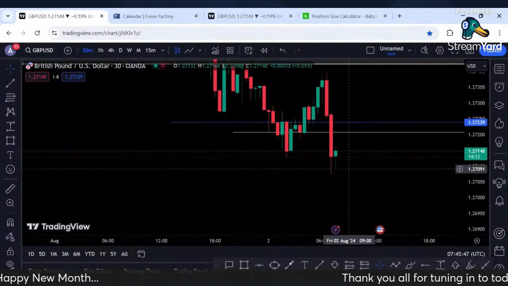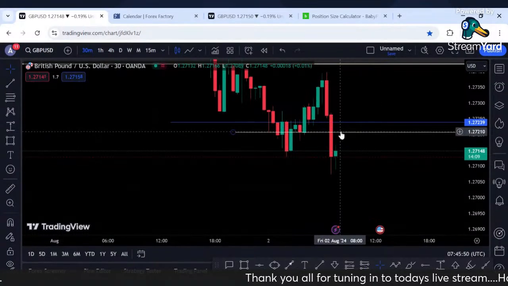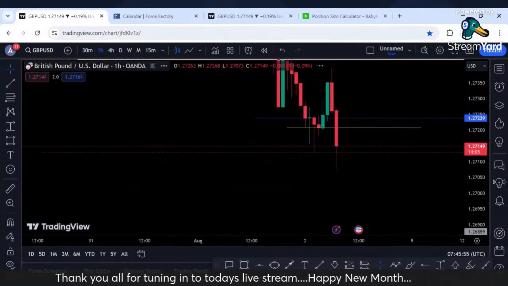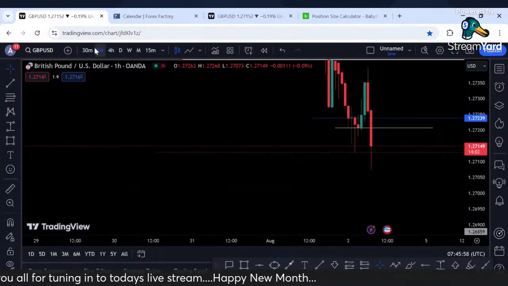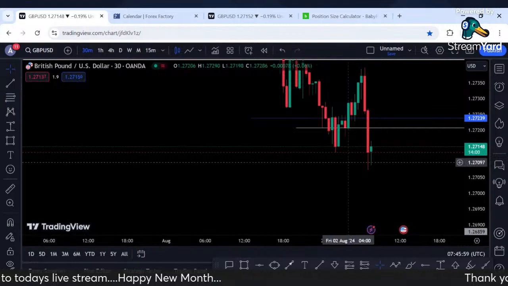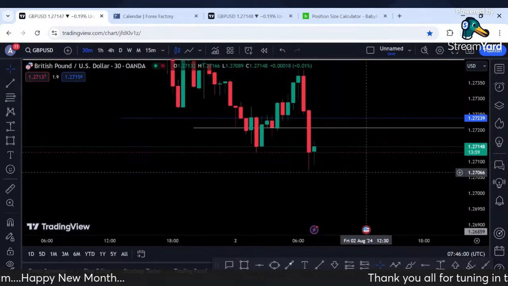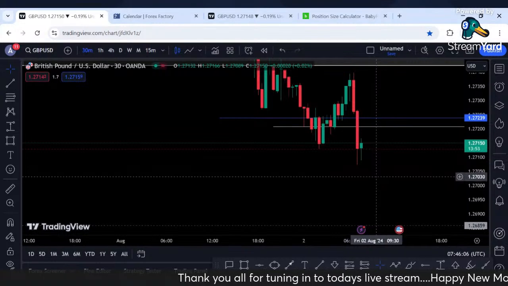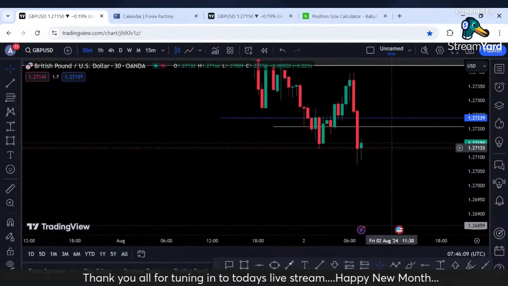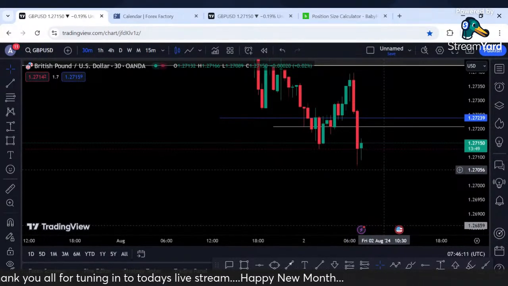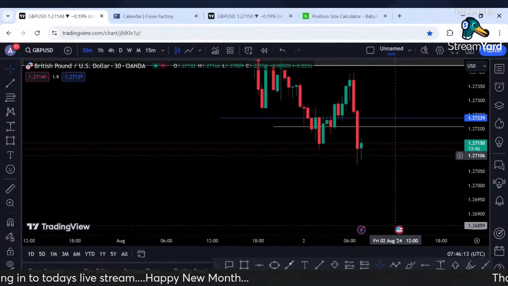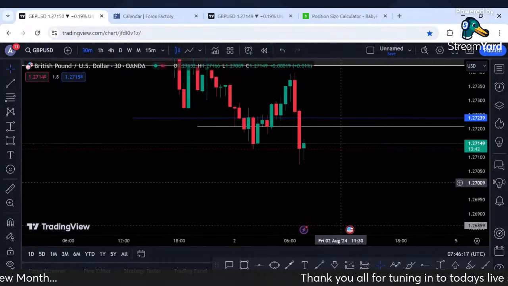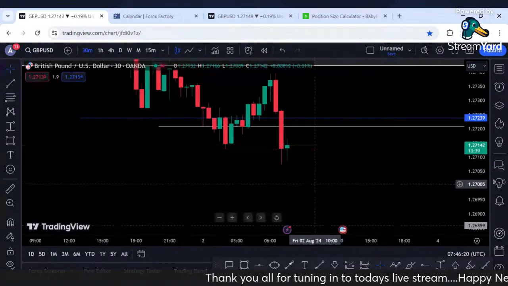So if it flips bullish. 8 o'clock too will bring some volume in the market.